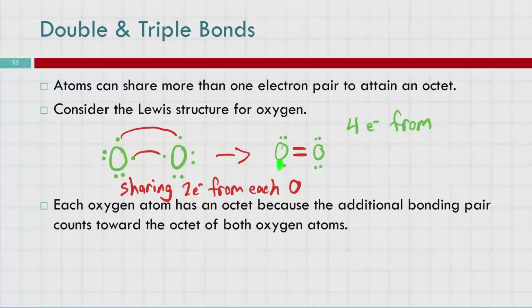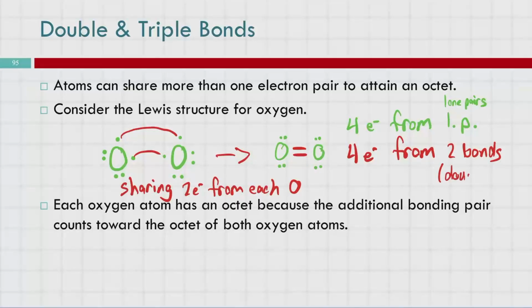So these are electrons that are only on one of the atoms. So the left oxygen has 2 lone pairs. The right oxygen also has 2 lone pairs. We've got 4 electrons from lone pairs, LPs. We've also got 4 electrons from the bonds. We've got 2 lines. Each line is 2 electrons. 2 times 2, 4. So 4 electrons from 2 bonds, which we would also call a double bond because there's 2 of them.